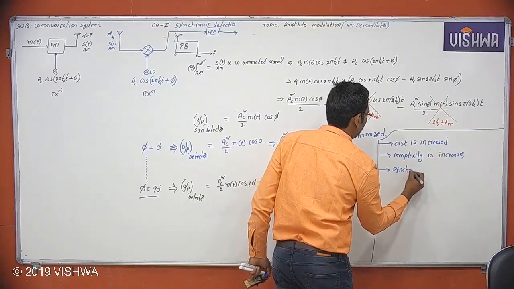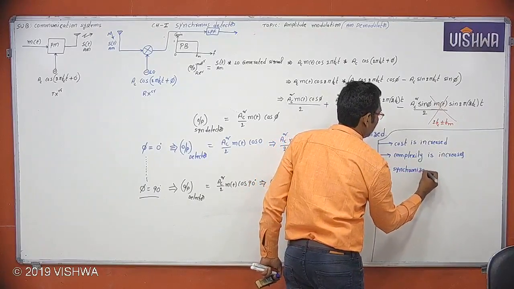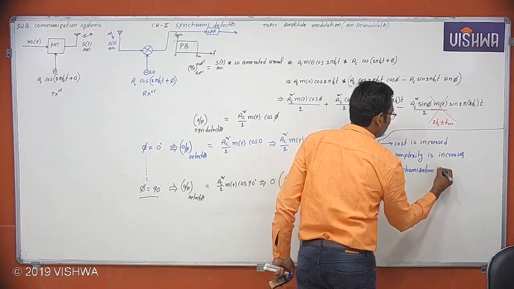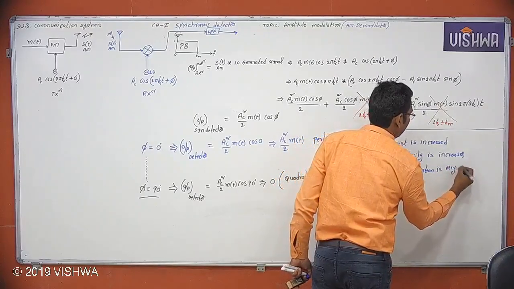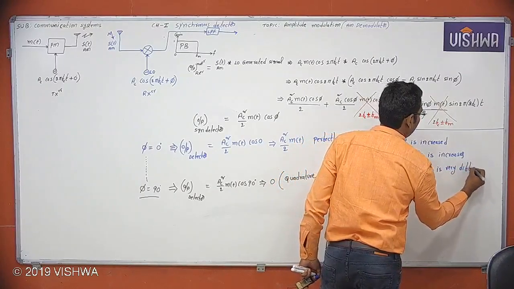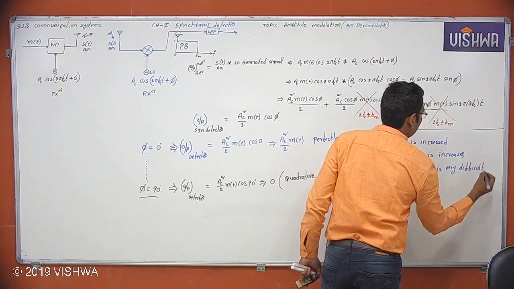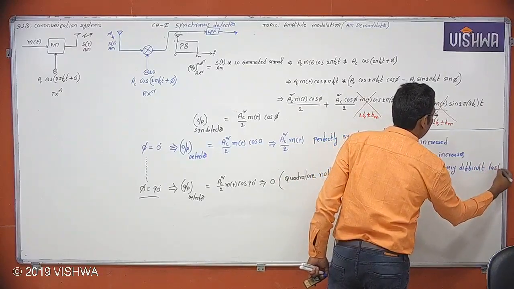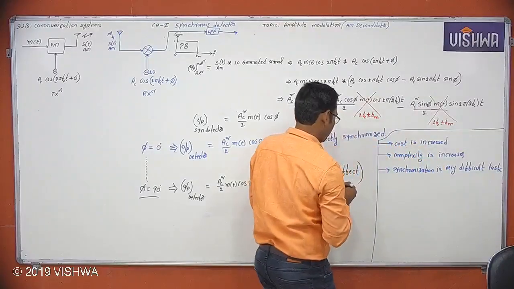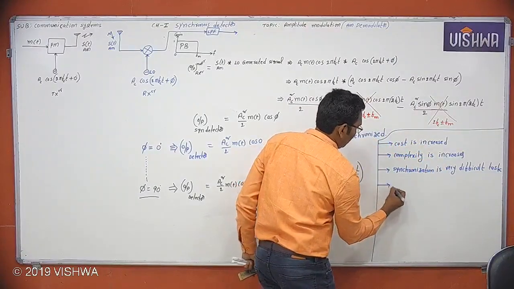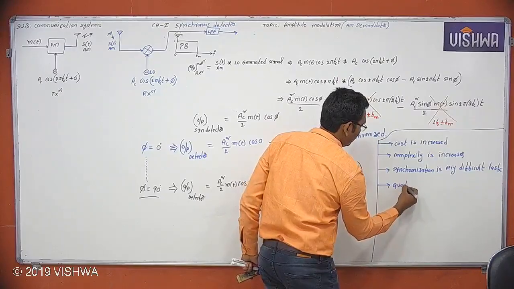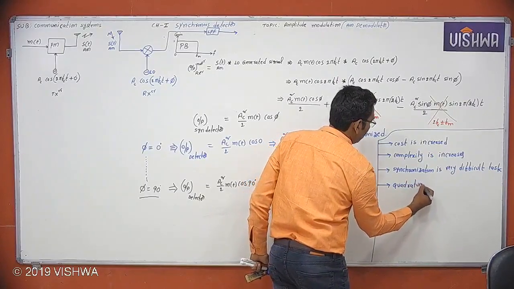Synchronization is very difficult, a very difficult task, and dangerous effects will come: the quadrature null effect.